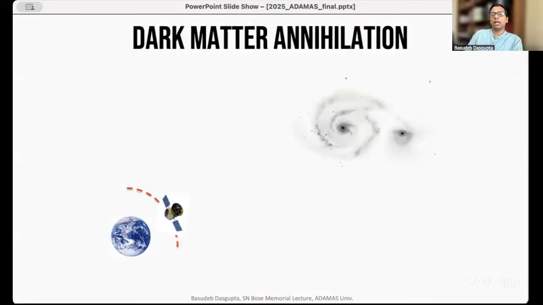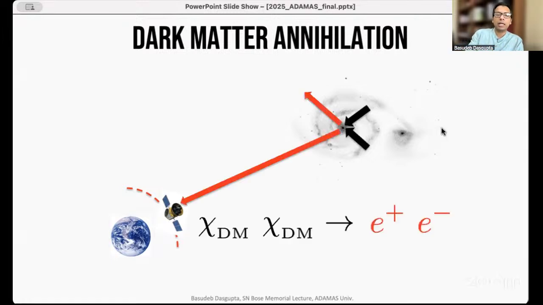As the third type of experiment that you can do with WIMPs, sometimes you can have models where these dark matter particles can collide with each other and give rise to particles that can be seen by our telescopes, let's say electron positrons or photons or what have you. And then what happens is that these two dark matter particles interact in this galaxy, let's say near us, and when they annihilate, they give, say, an electron positron, and one of those charged particles can then be detected by one of our detectors, maybe on a satellite.